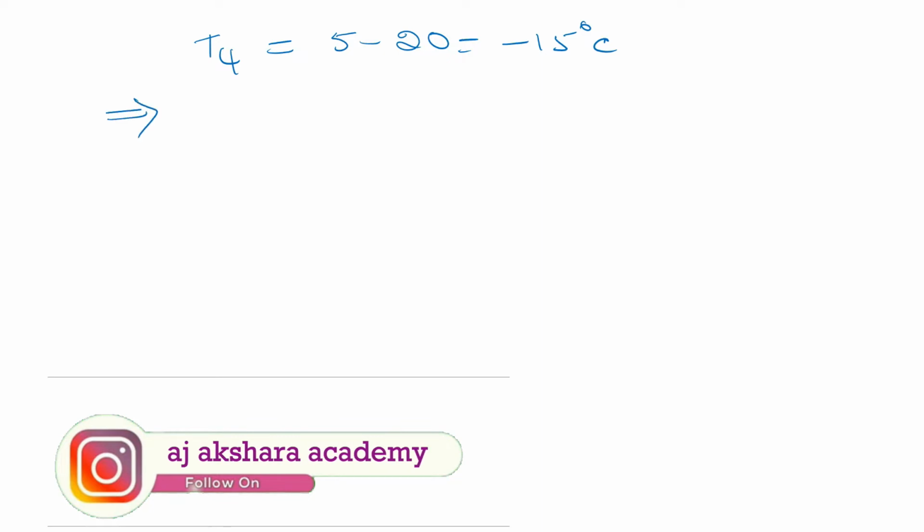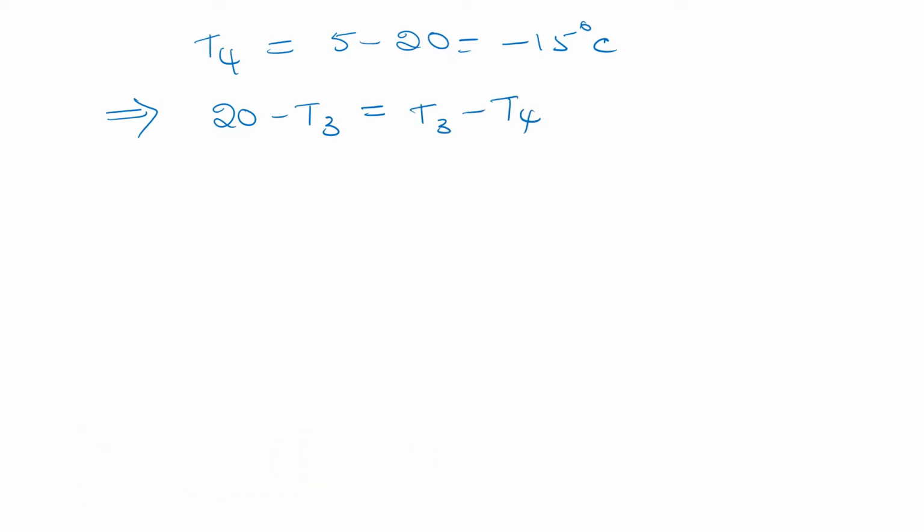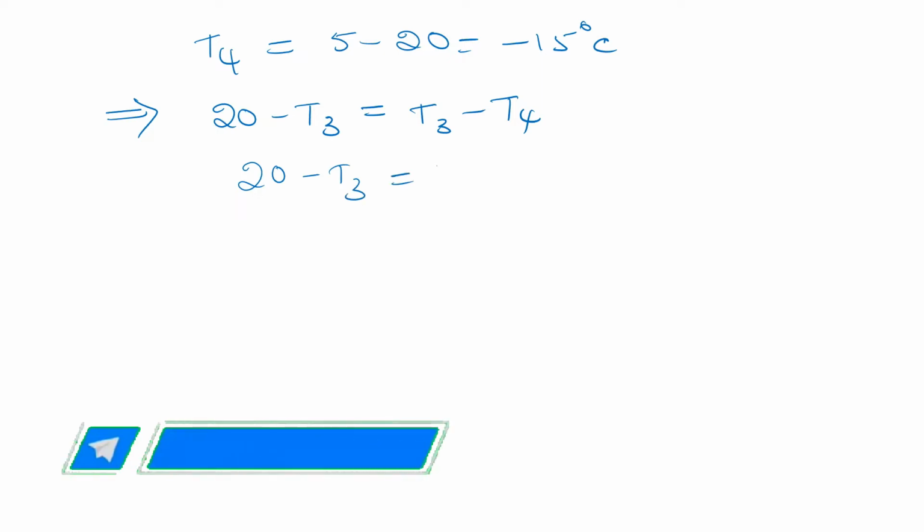So next, 20 minus T3 is equal to T3 minus T4. We are equating 20 minus T3 by R to T3 minus T4 by R. R gets cancelled. So 20 minus T3 is equal to T3 minus T4. Substituting T4 here, minus of minus, plus 15.